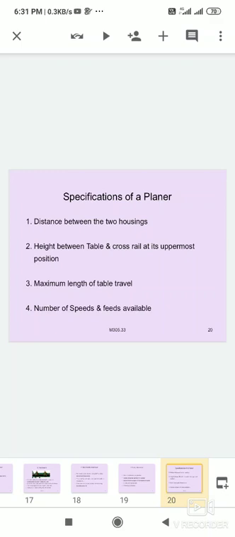In order to specify the planer completely, other particulars such as range of speeds and feeds, power input, floor space required, and type of drive are to be furnished.